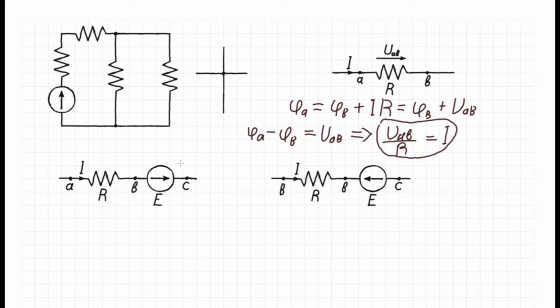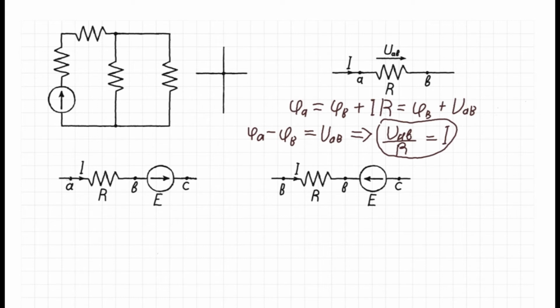In the lower picture is a segment of the circuit consisting of two parts. The first part is a resistance. The second part is an electromotive force source, idealized of course, which doesn't have internal resistance.